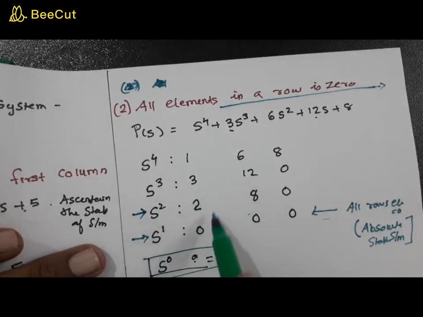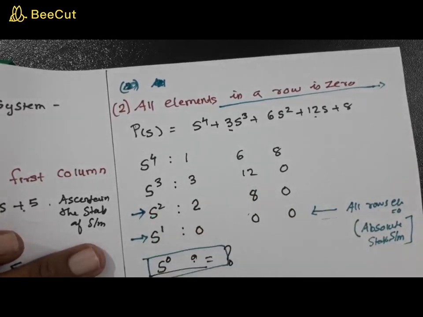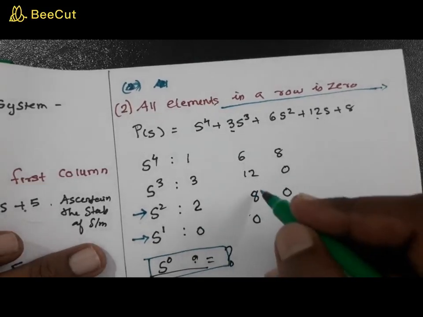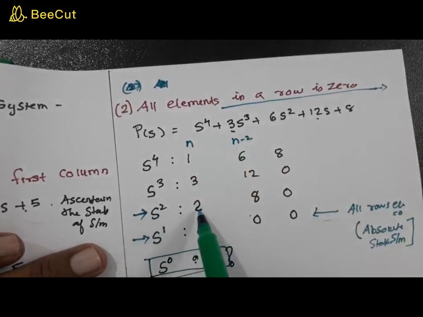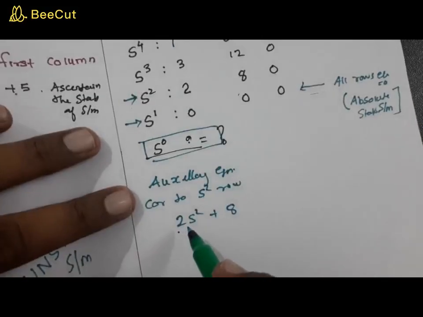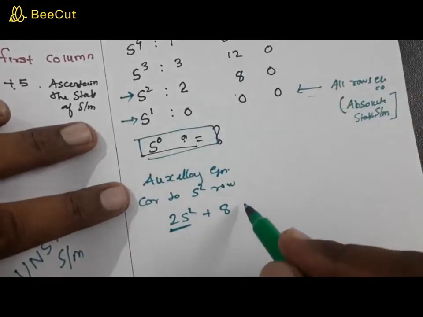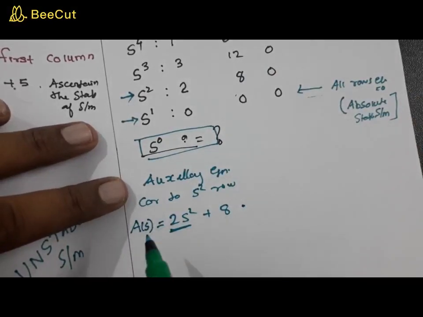Now you can write an equation corresponding to that row. The s square row gives 2s square, and the powers go n, n minus 2, so this is s square. That corresponds to 2s square plus 8 times s raised to 0, and this is called the auxiliary equation, which you will call A of s.